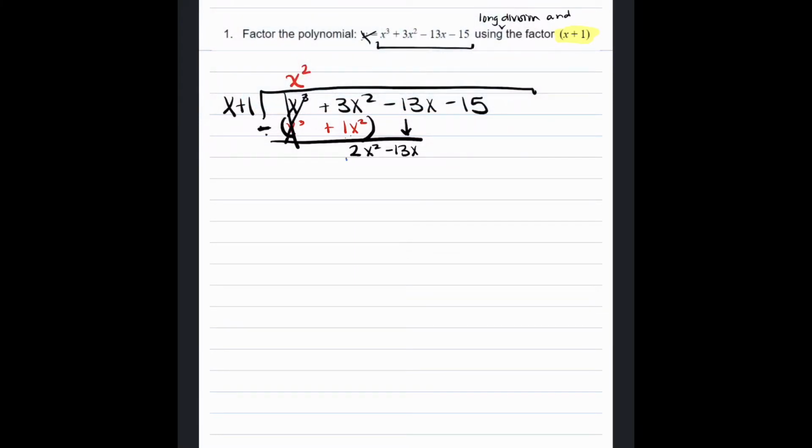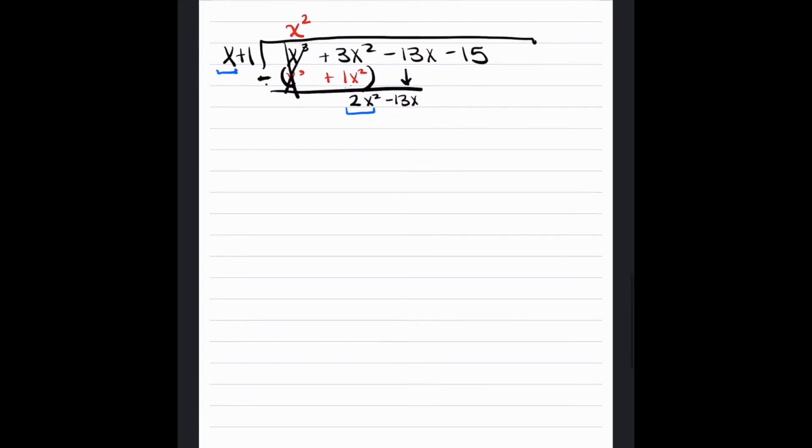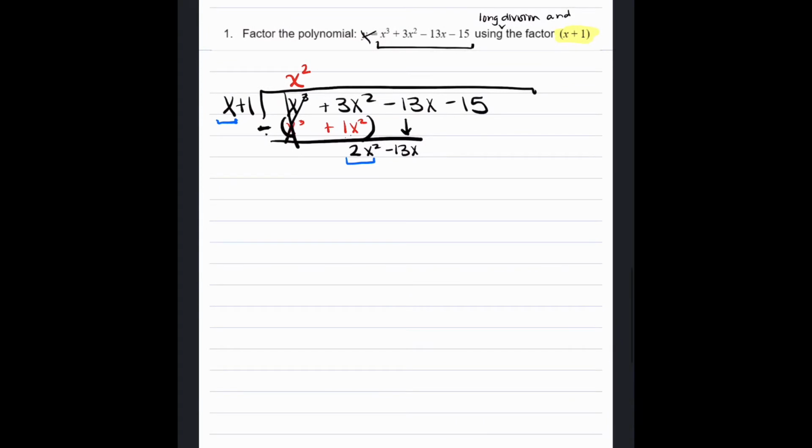Okay, so now I'm looking at the first terms of these ones. I'm looking at my 2x squared and my x, and I'm asking myself, what does x need to multiply by to become 2x squared? So it needs a positive 2 and an x.